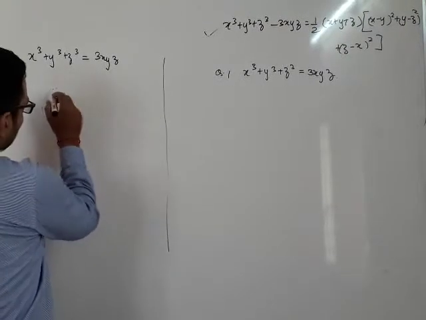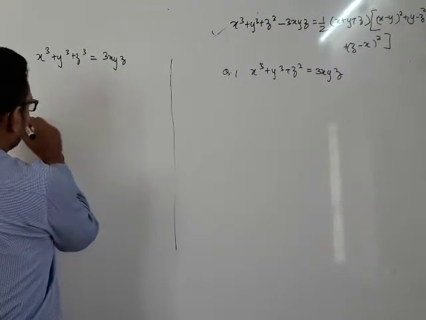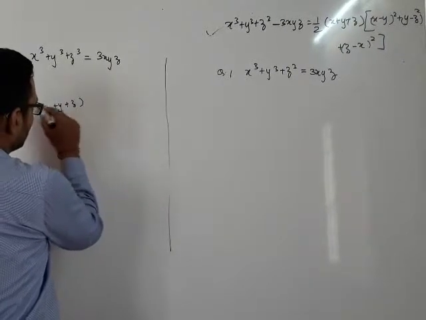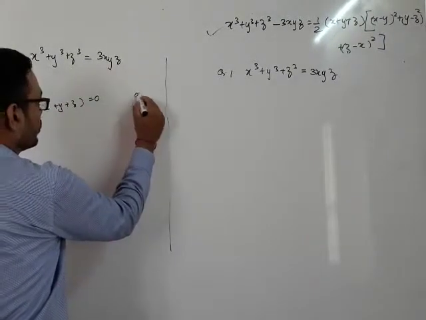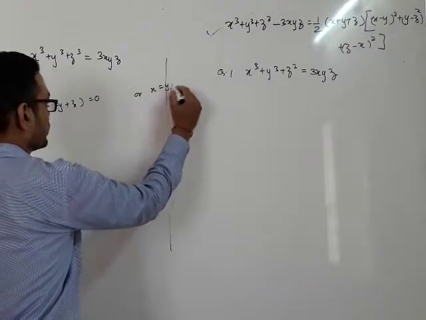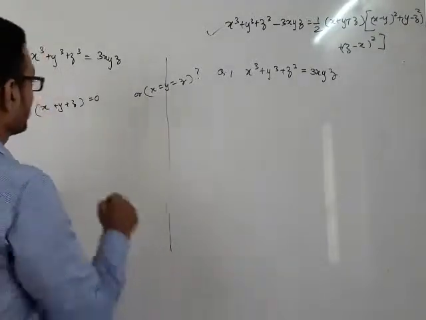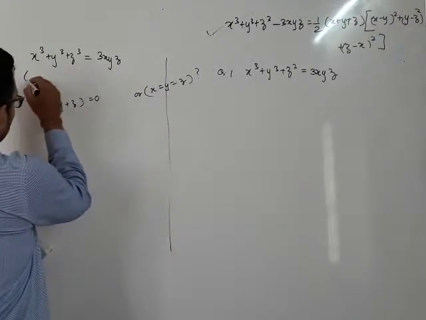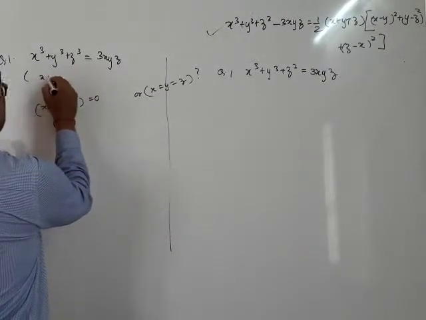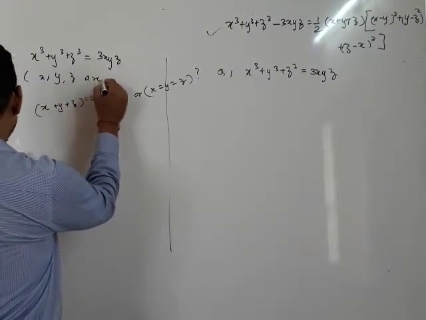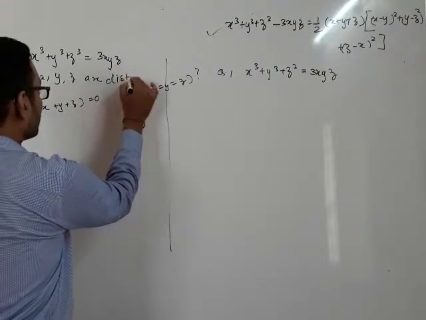The moment you see this, what is the first thing that should come to your mind? Either x plus y plus z is 0 or x is equal to y is equal to z. These two conditions are possible, but on the next line they have given x, y, z are distinct numbers.